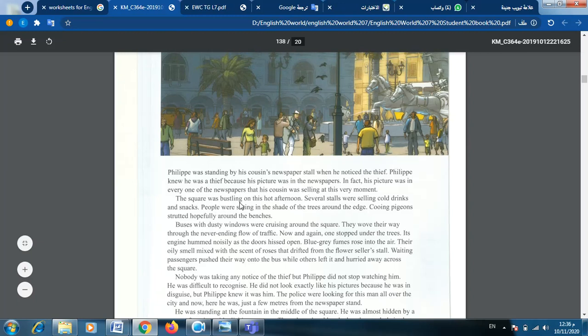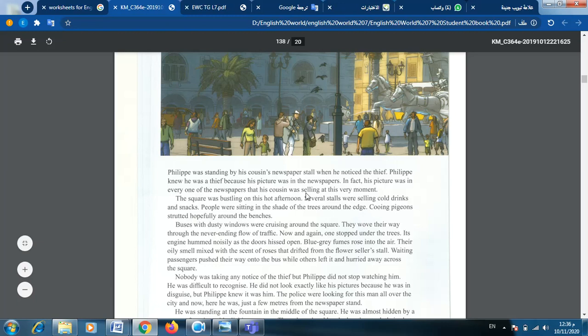The square was bustling on this hot afternoon. Several stalls were selling cold drinks and snacks. People were sitting in the shade of trees around the edge. Cawing pigeons strutted hopefully around the benches.